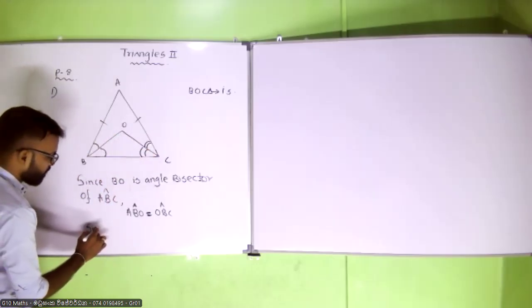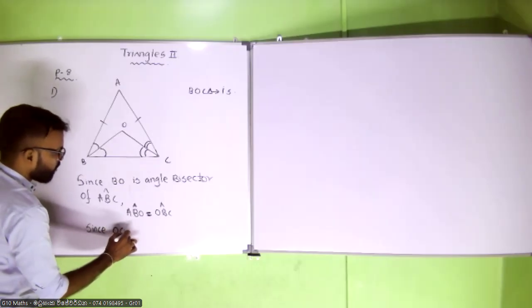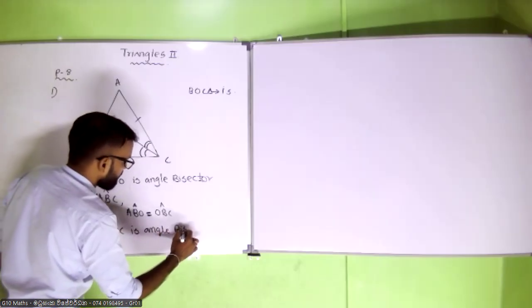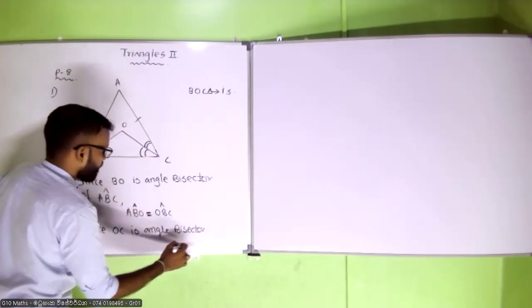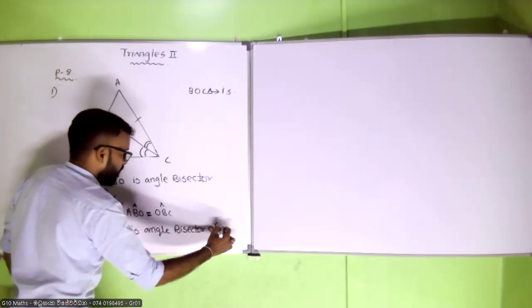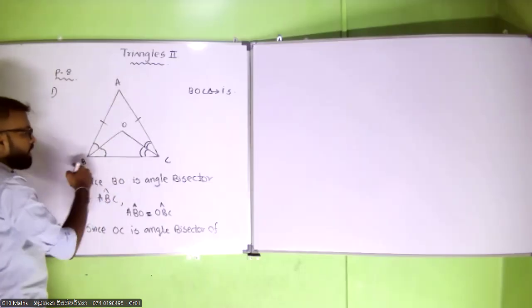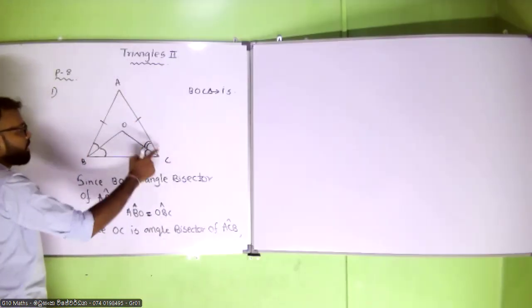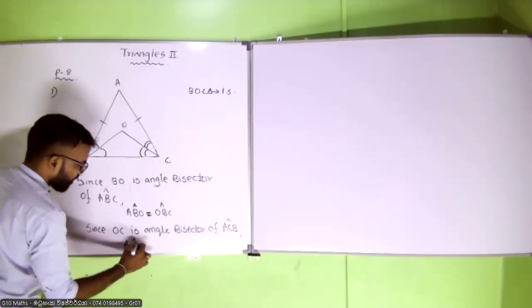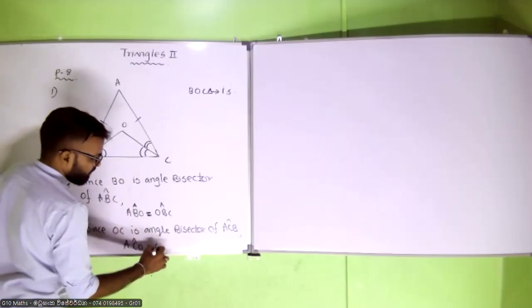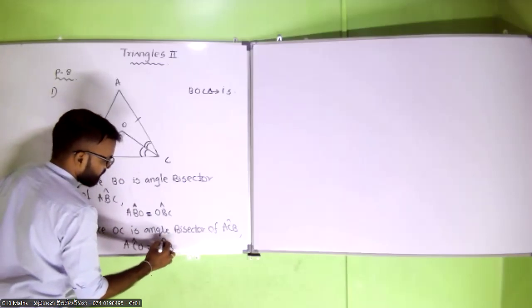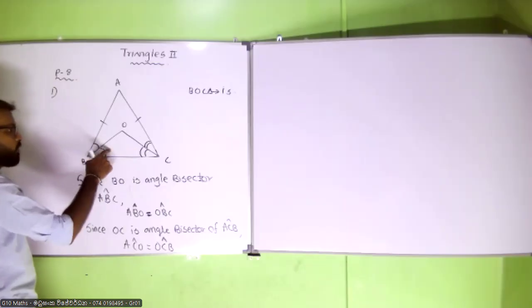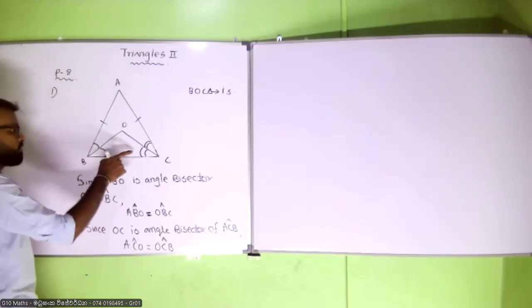Since OC is the angle bisector of ACB, I can say angle ACO equals angle OCB.